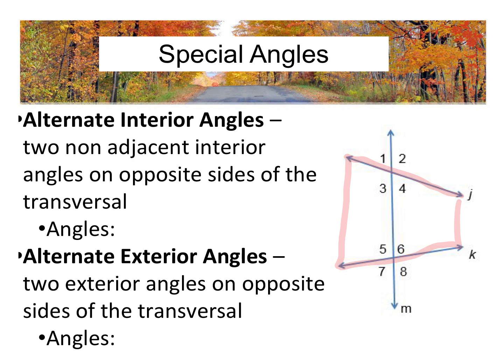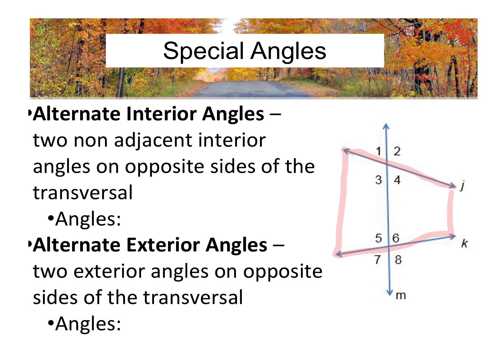Alternate interior angles are 2 non-adjacent interior angles on opposite sides of the transversal. Alternate exterior angles are 2 exterior angles on opposite sides of the transversal.